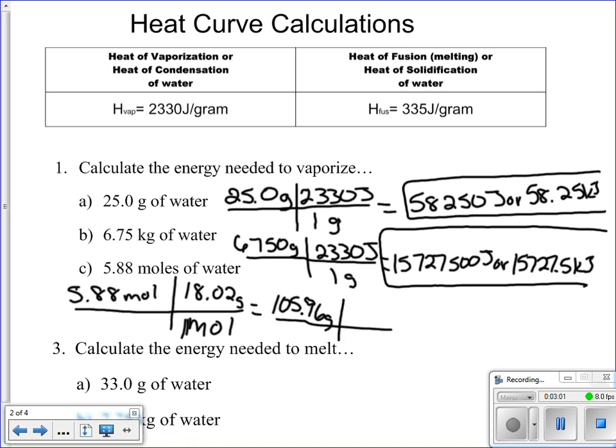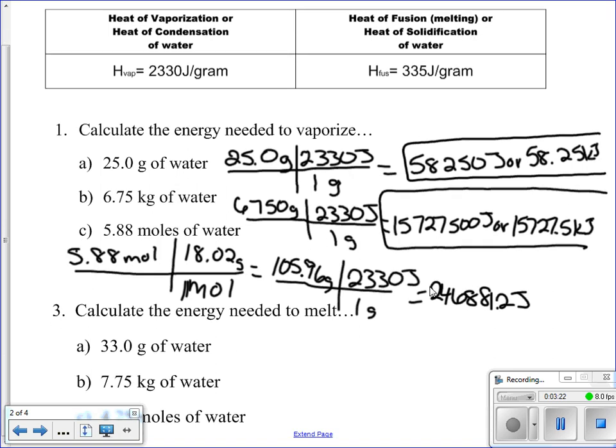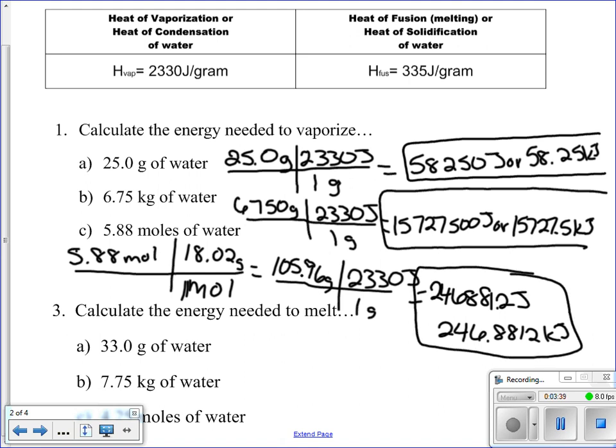So now I can plug in my 2,330 joules per gram, and that would give me 246,881.2 joules. And then if I wanted to put this in kilojoules, I would end up having 246.8812 kilojoules. So then that would be my answer for C.